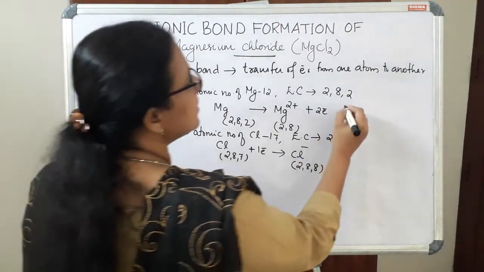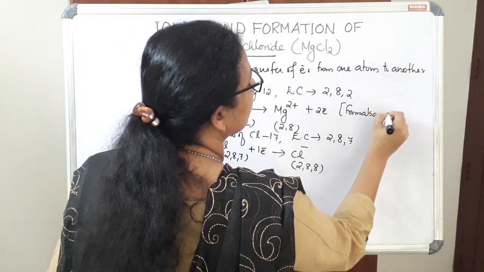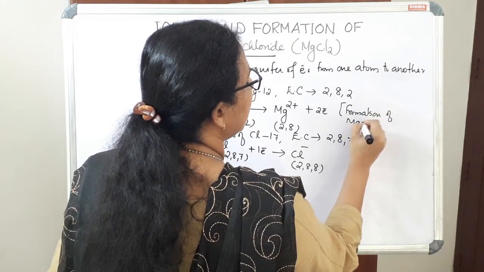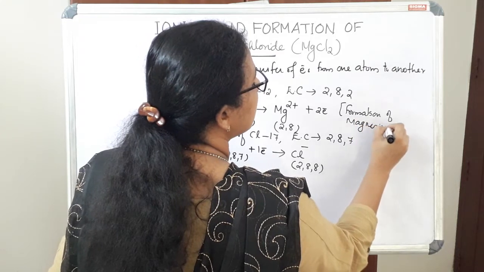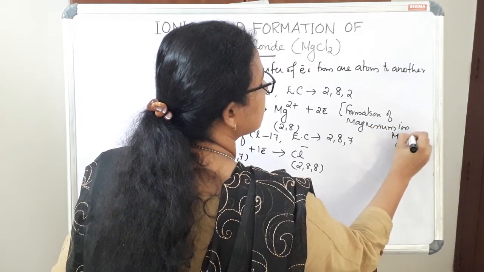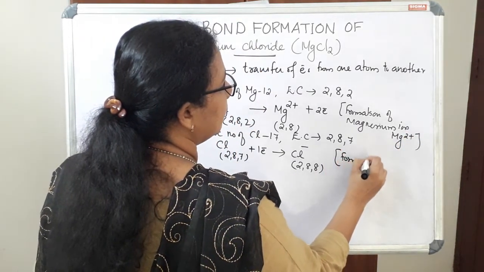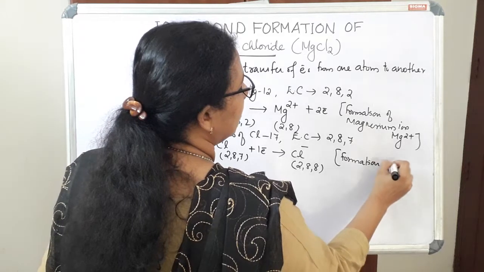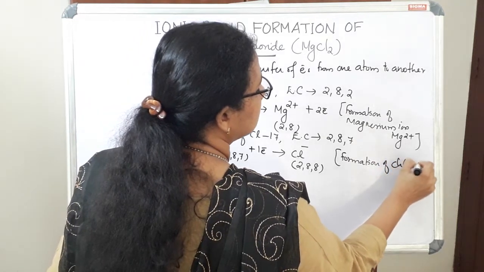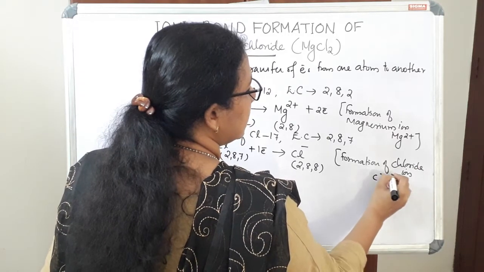So the first step is the formation of the magnesium ion, which is Mg2+. Then the second step is the formation of the chloride ion, Cl-.